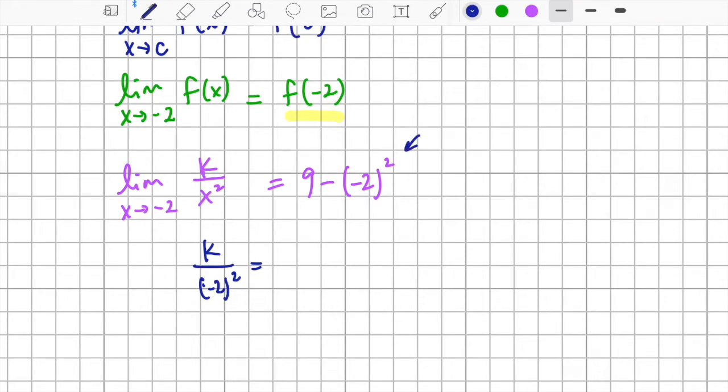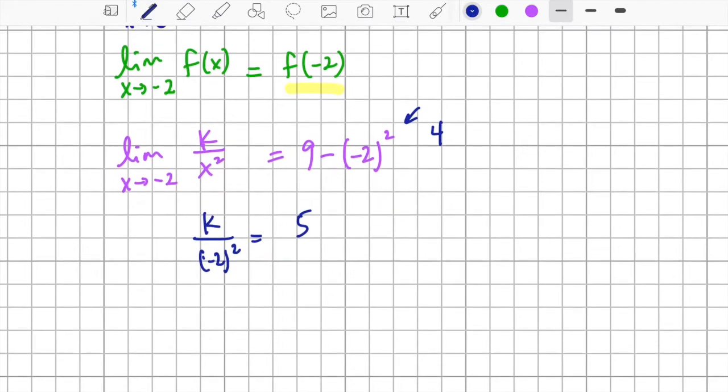And on the other side, this negative 2 squared is really a positive 4. So in reality, we have 9 minus 4. 9 minus 4 is 5. So let's keep on simplifying. So this is k over 4, because negative 2 squared is 4, equals 5.